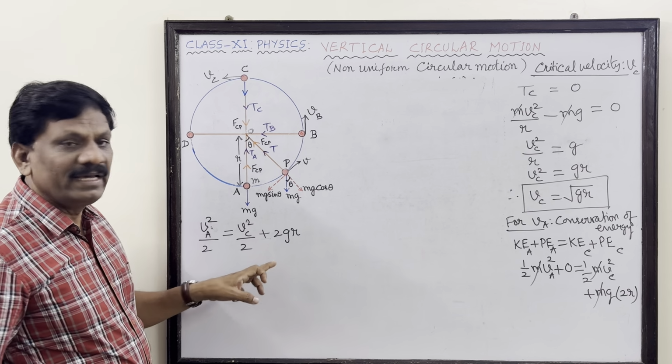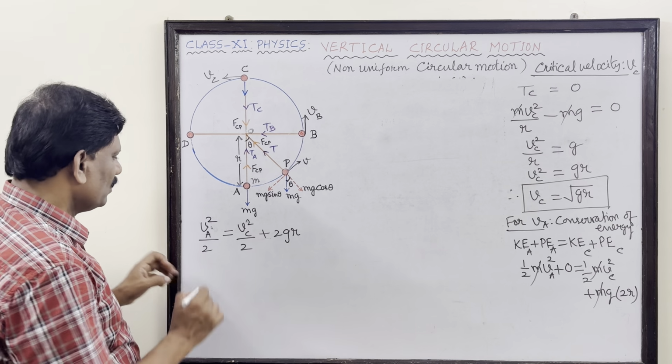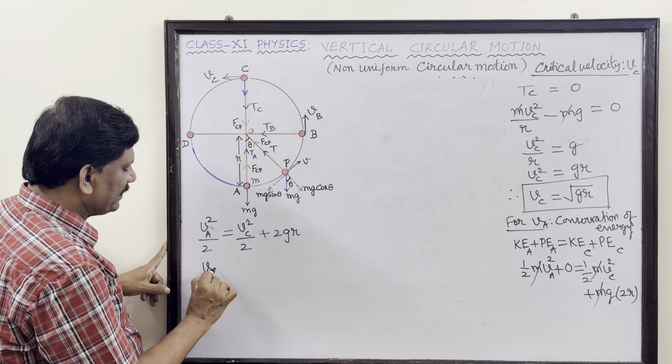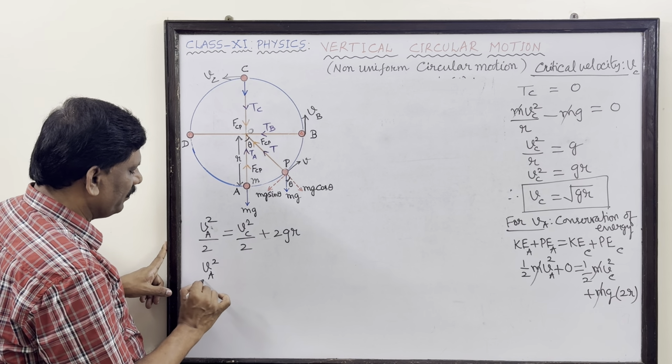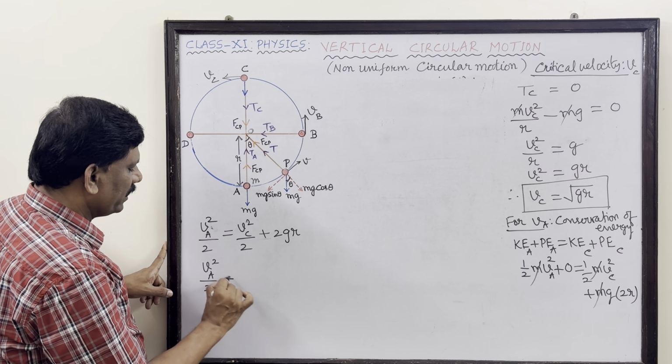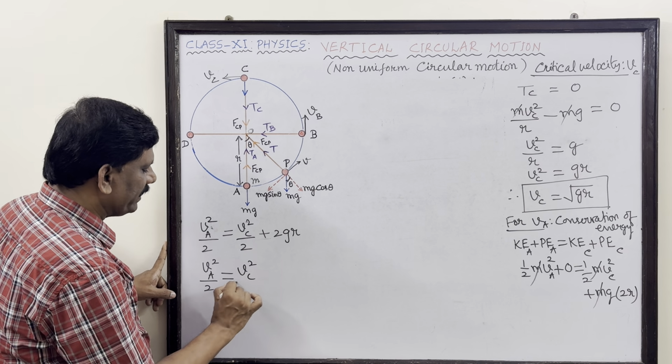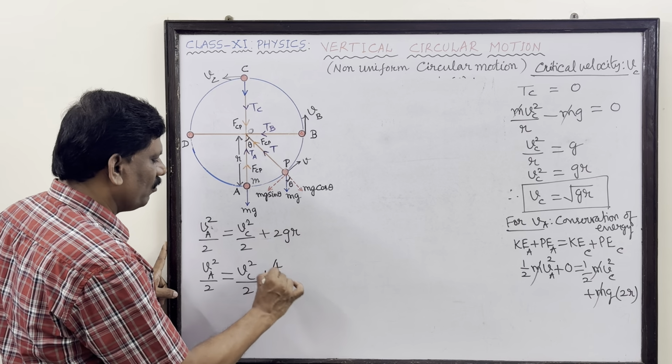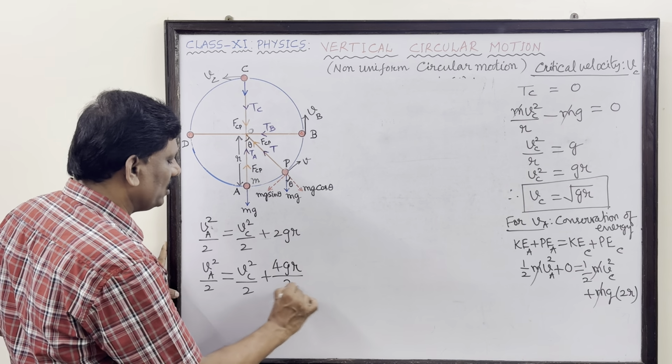Now I want to take the LCM, is it not? So I can write VA square by 2 equal to Vc square by 2 plus 4gR by 2.